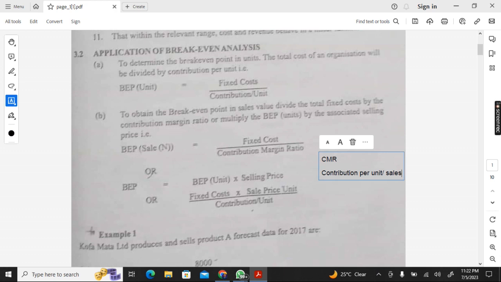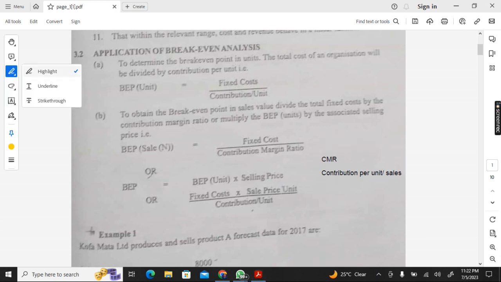And after we have gotten our CSR, see our contribution per unit here. We can now use that contribution per unit and divide it by our sales in question to get our contribution margin ratio. The formula can be gotten like this.